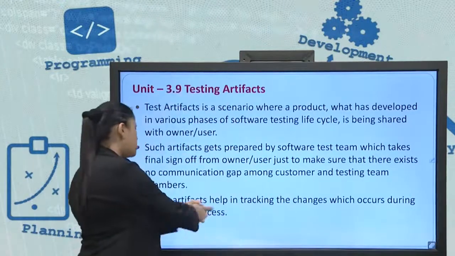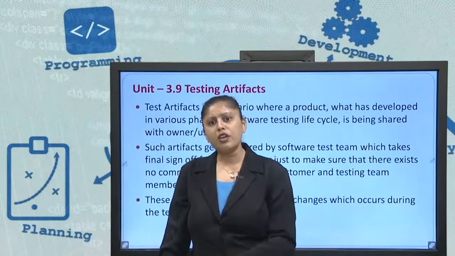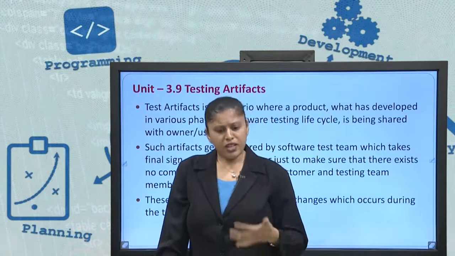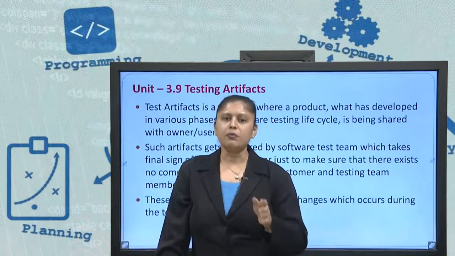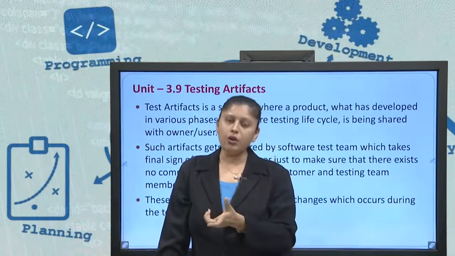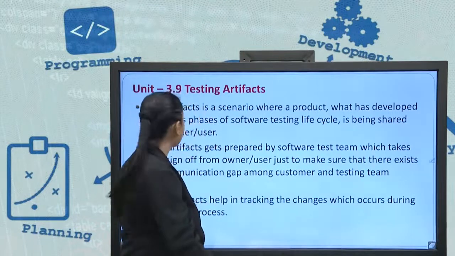Then it helps to track the changes, alright. So now you need to modify your code again, right. The modification of that code is something we need to track, and that is also done with the help of artifacts.